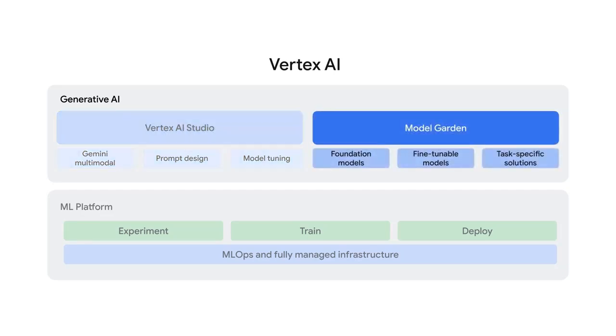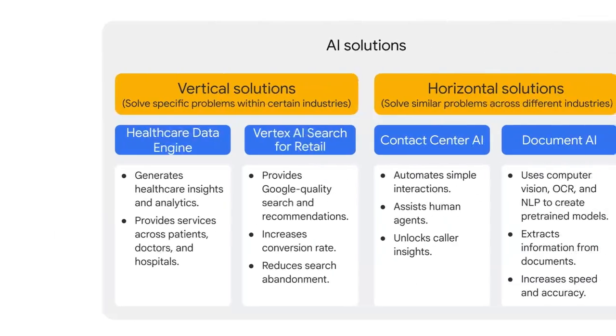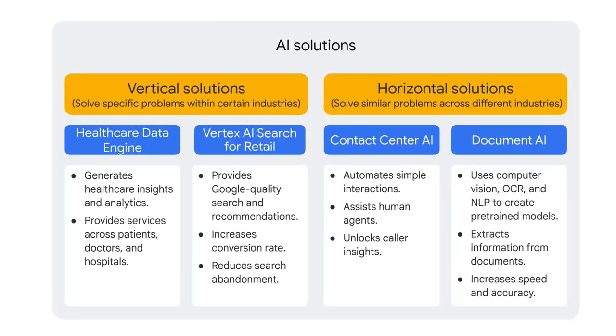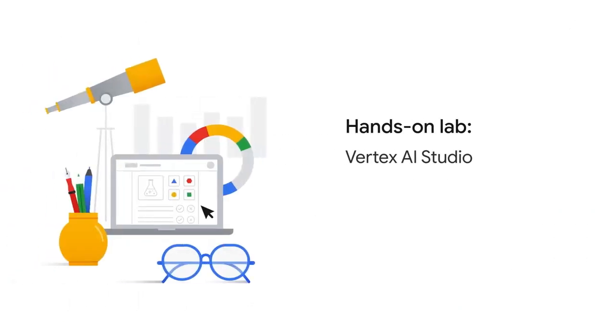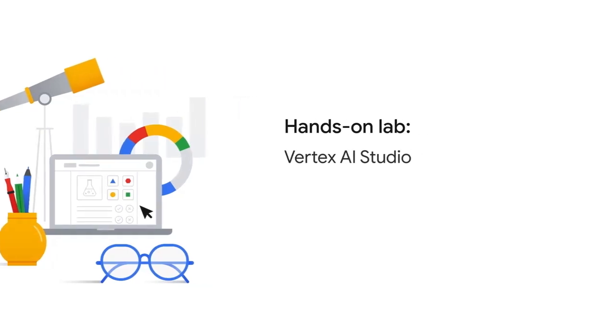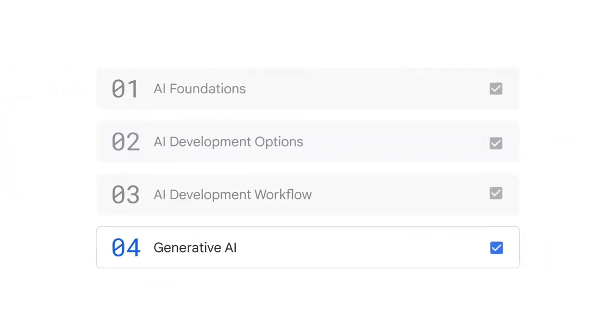And Model Garden, which is a model library, helps you search, discover, and interact with Google and open-source Gen AI models. You then explored vertical and horizontal AI solutions and their embedded generative AI capabilities. You concluded with a hands-on lab where you used Vertex AI Studio to create prompts and conversations. We hope you enjoyed this module and feel motivated to use generative AI in your projects.